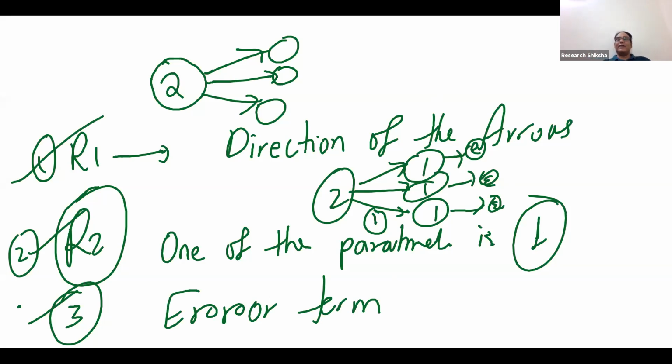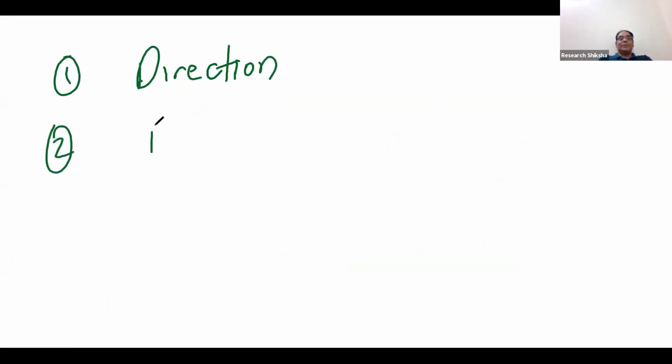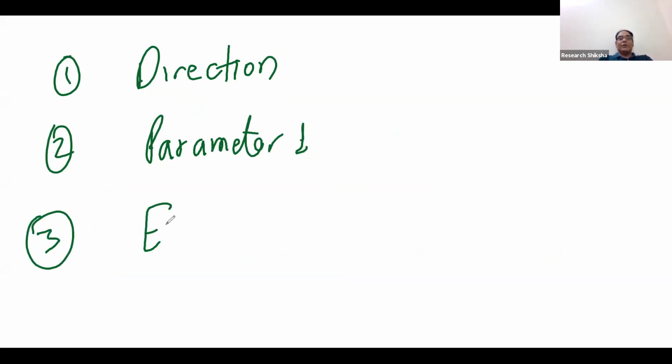So I repeat once again. The first rule is the direction of the arrow. The second rule is the parameter of one. And the third rule is the rule of the error term. So these three rules you have to check.